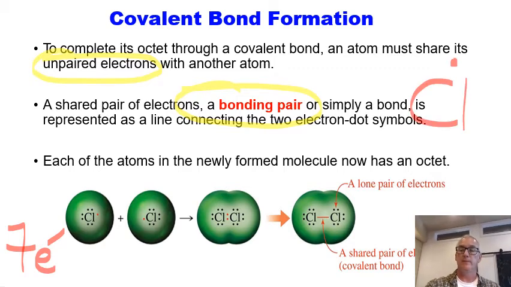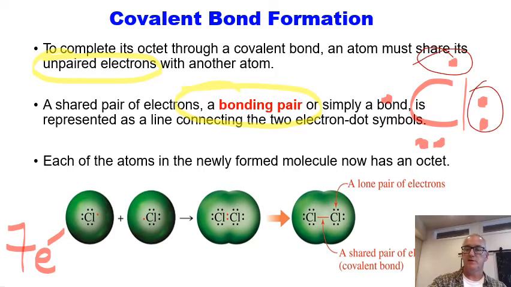I go 1, 2, 3, 4, 5, 6, 7. So that's 7 electrons. Notice that these two are paired, these two are paired, these two are paired, this one is not.